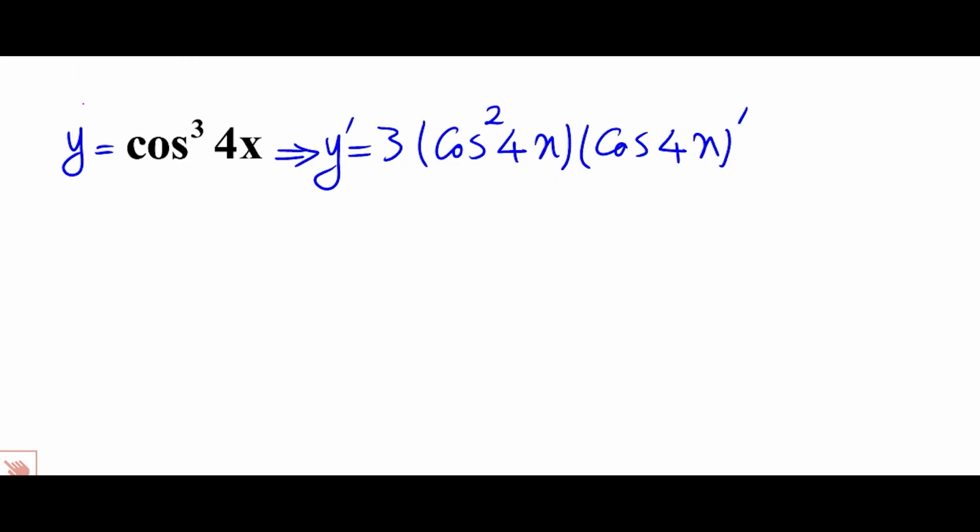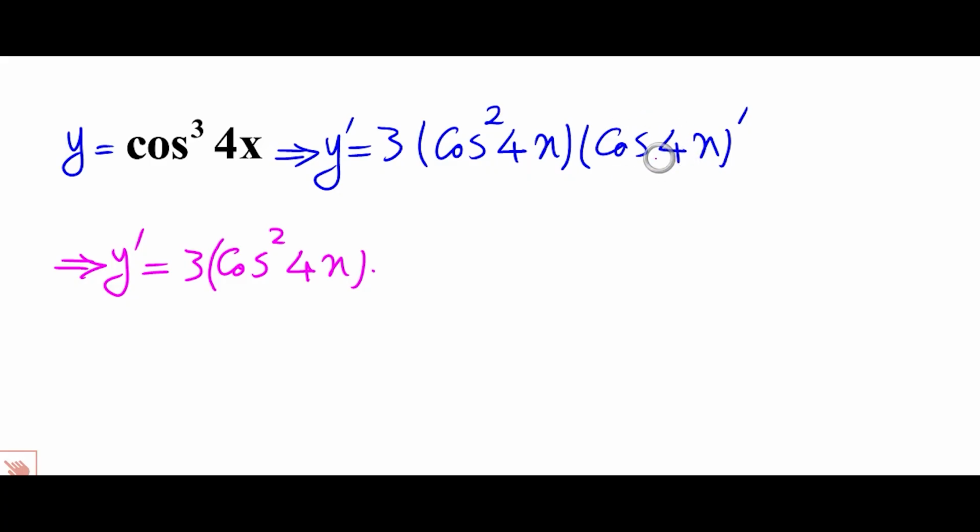So we have y prime is equal to 3 cosine squared of 4x times the derivative of cosine 4x.